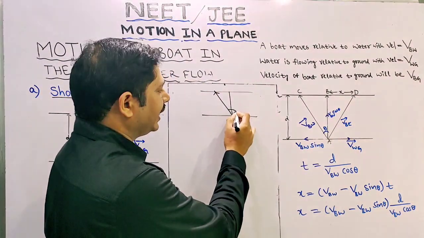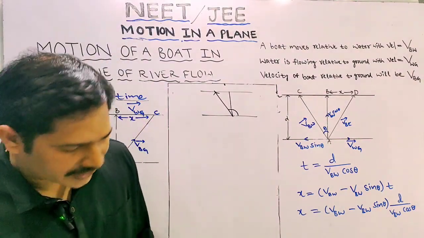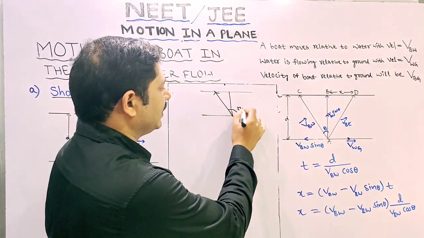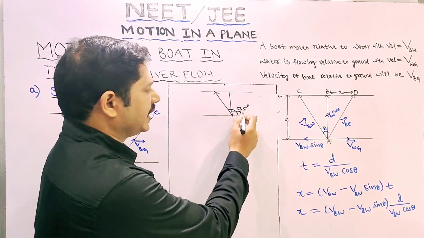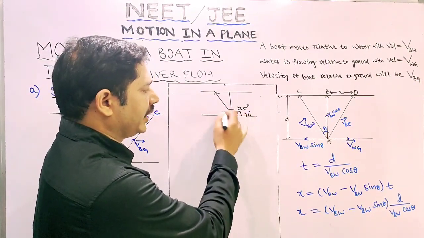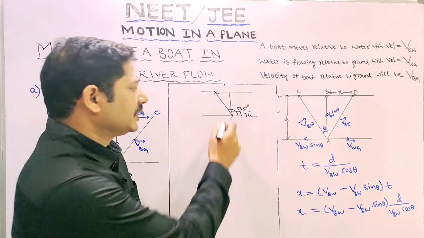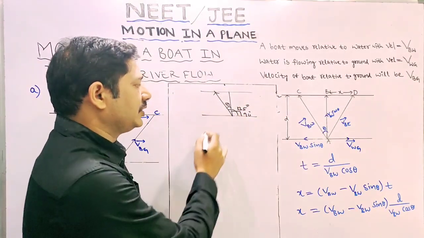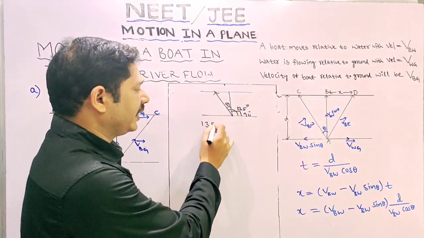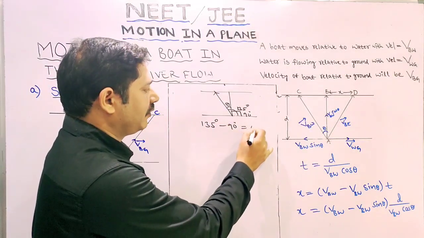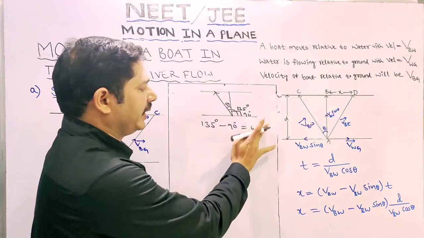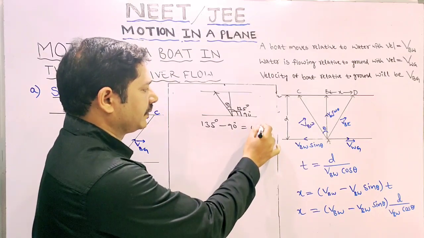The total angle given is 135 degrees. So 135 degrees means this is 90 degrees, right? Total 135 degrees. So this angle theta is how much? 135 degrees minus 90 degrees, that is 45 degrees.